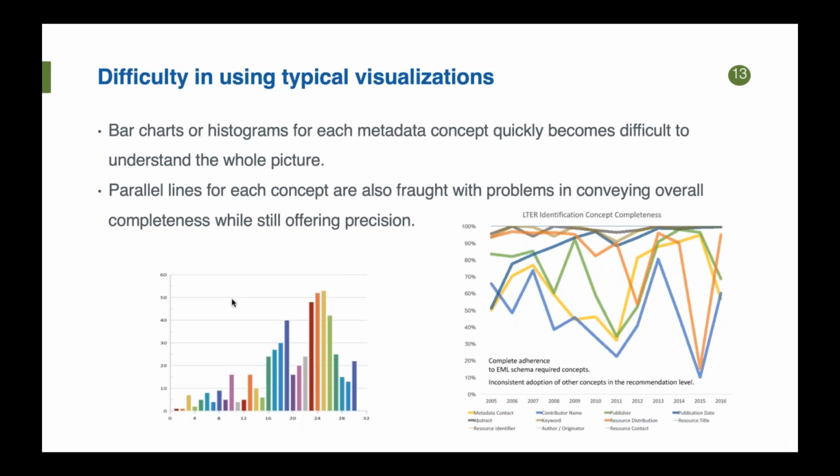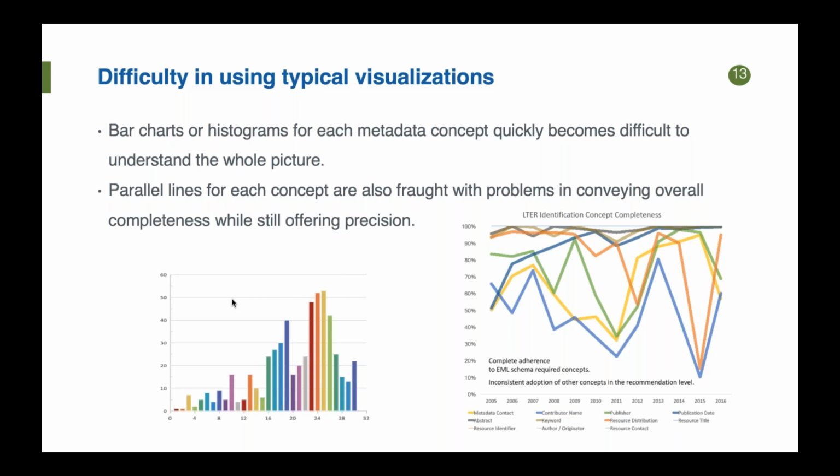There's some difficulty in using typical visualizations to do this when you're looking at every metadata concept in a recommendation. So you can't really understand the whole picture when you're using a bar chart or parallel lines.